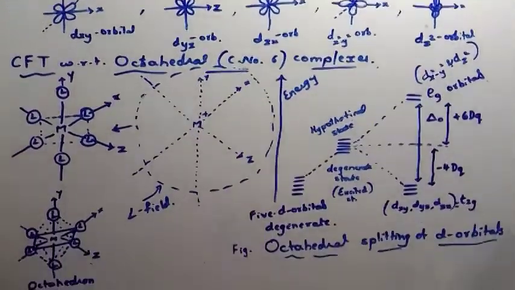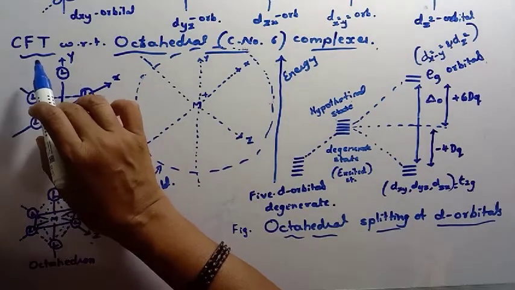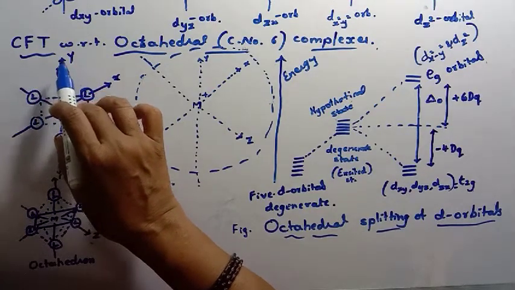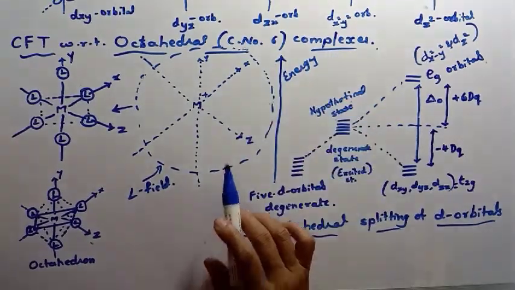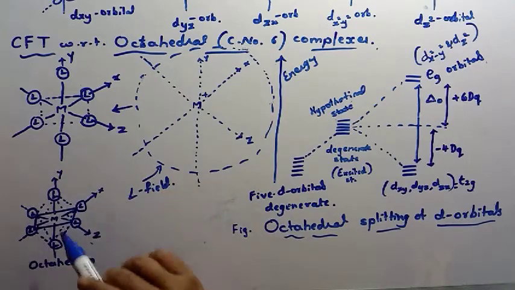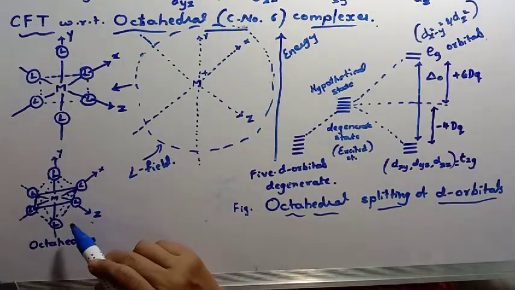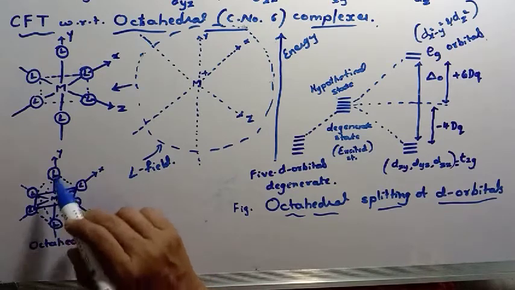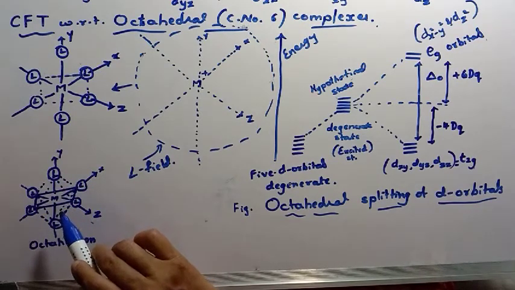Now with this, we can go through the next explanation under CFT with respect to octahedral complexes. Octahedral means coordination number is 6. If you look at the picture, it is a regular octahedron which has 6 corners, and the 6 corners are occupied by 6 ligands.